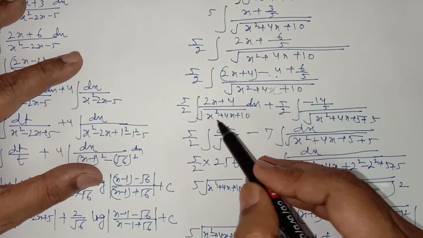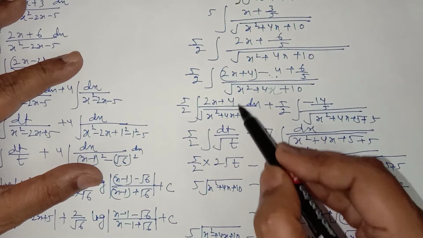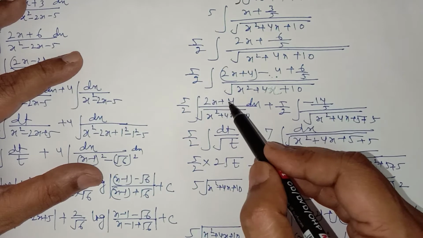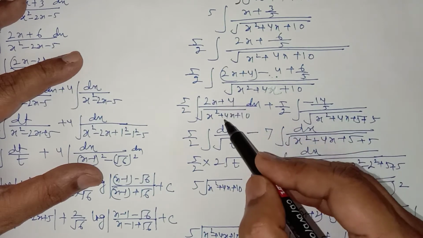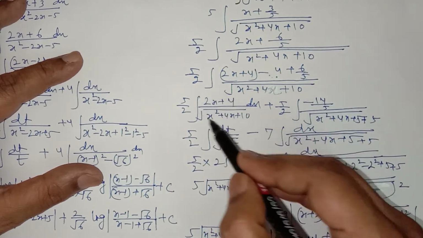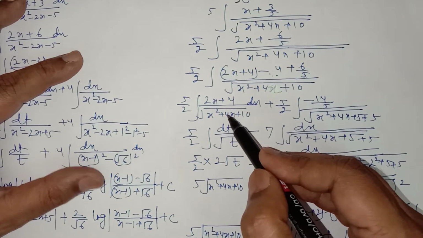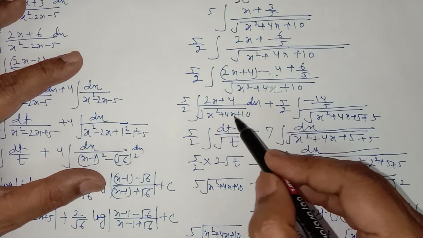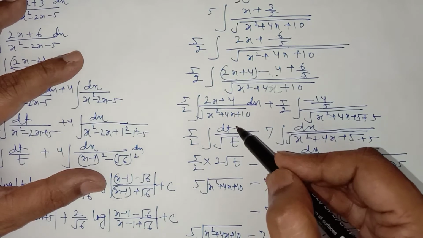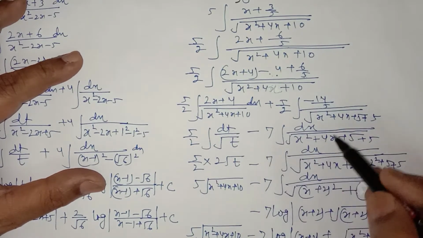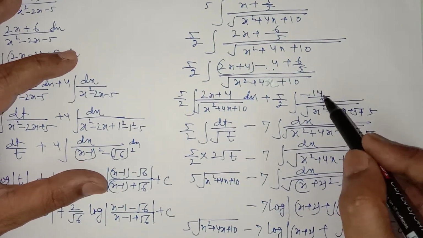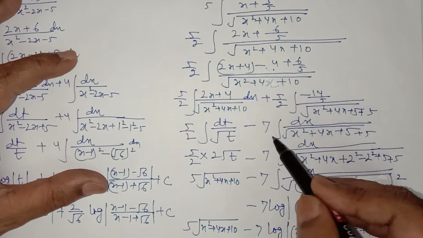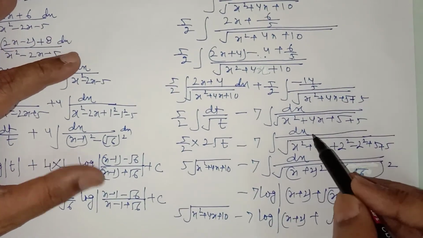Now when we let x square plus 4x plus 10 equal to t, this 2x plus 4 will be cancelled out, and it comes out as dt upon root t. You know how to let it. If you are not able to do it directly, you take your own steps to do it. Now here simplify this: in the numerator, 5 cancels out, it is minus 7, and in the denominator, in the square root, make it a perfect square.